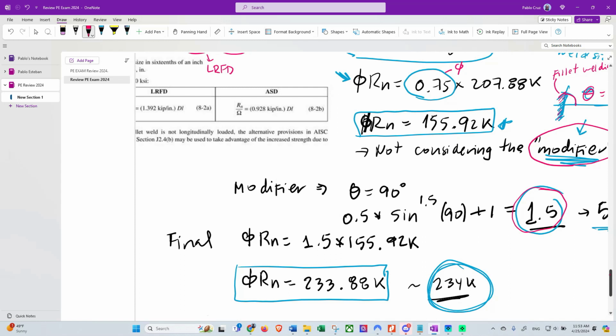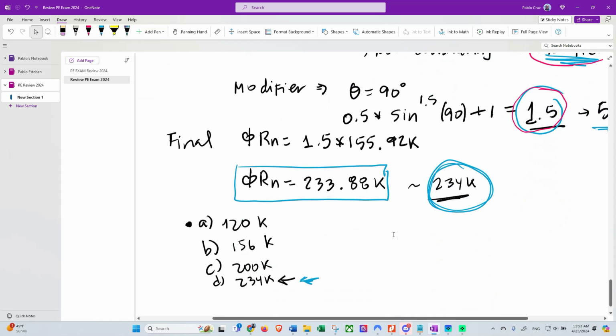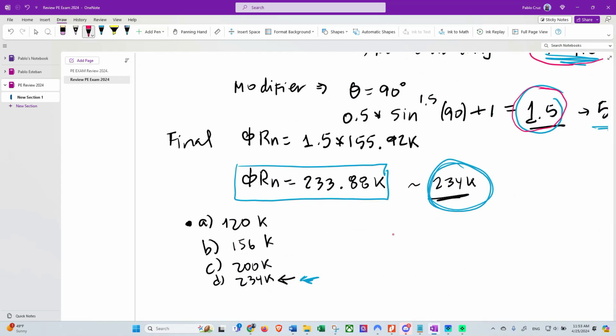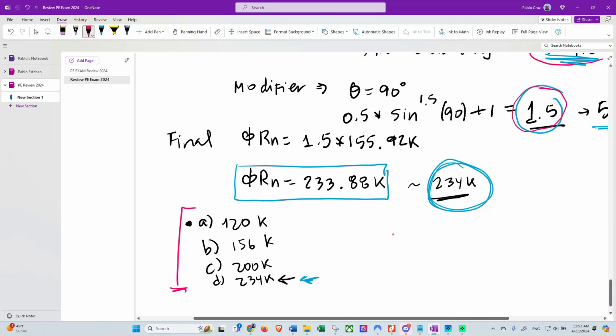That's going to be equal to 233.88, so approximately 234 kips. So hopefully, if we have in a test scenario different values, let's say A, 120 kips, B, 156 kips, C, 200 kips, D, 234 kips, then we know that the closest value to that one is the 234. So then we will just check this one and get our point.